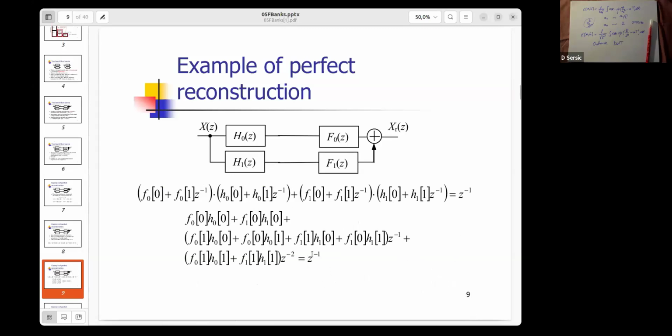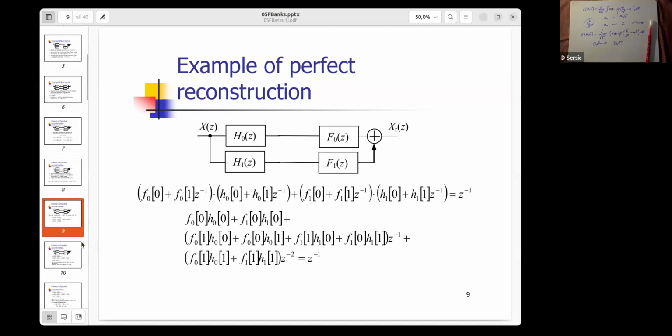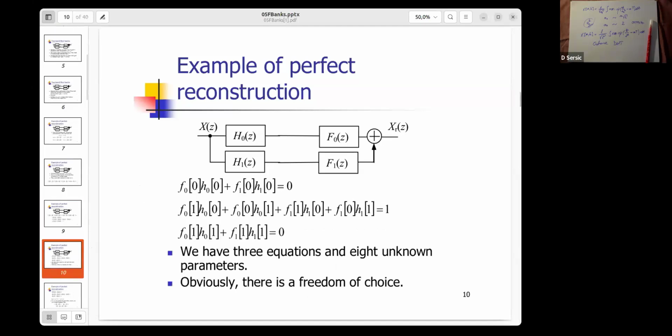On the right-hand side, we have only a pure delay by -1, which means that the second term, what is in round brackets, must be equal to 1. The first term in the first row must be equal to 0, as well as the last term, if we want to have the equality. Okay, so let's put it all together.